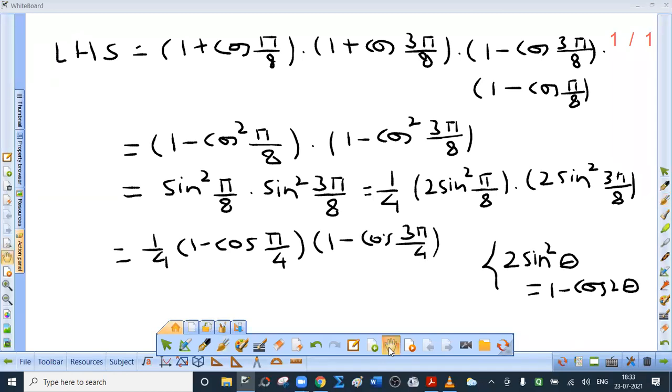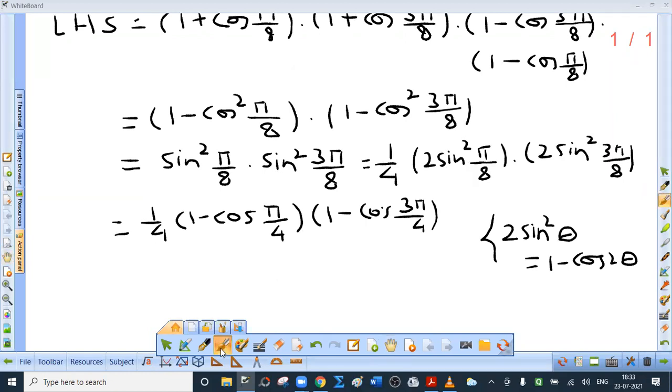Next step. First, I will write that ratio and then I'll mention the reason. So 1 minus cos pi by 4 as it is.